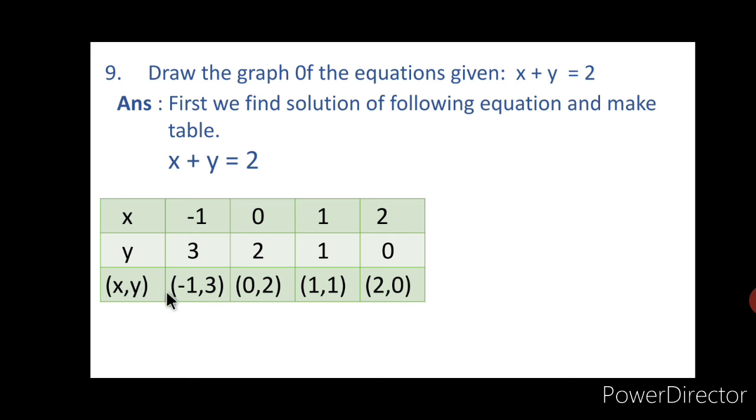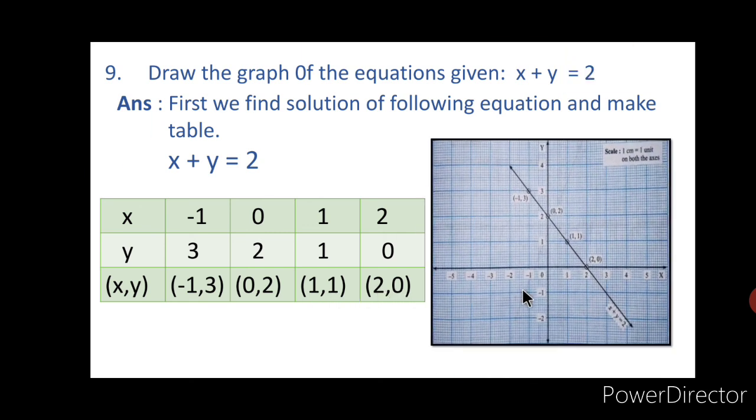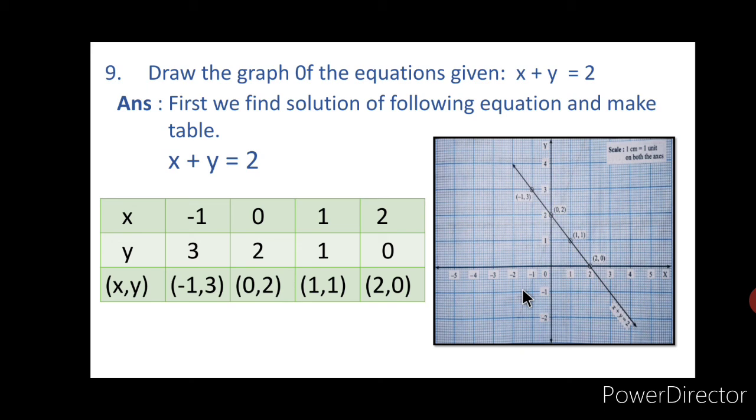And in the third row we get the ordered pairs of x and y as minus 1, 3; 0, 2; 1, 1; and 2, 0. When we plot the graph using these x and y values, we get the first point, that is minus 1 and 3.